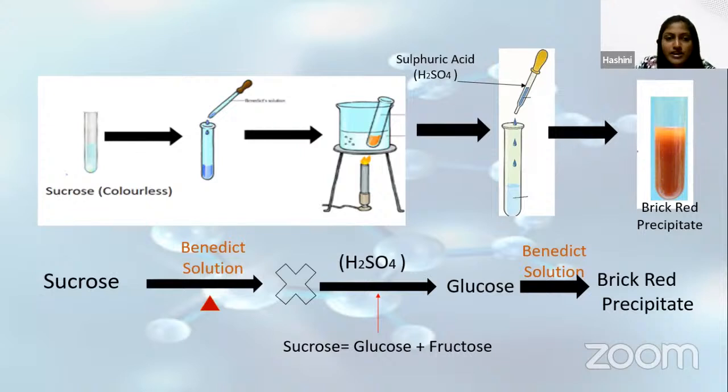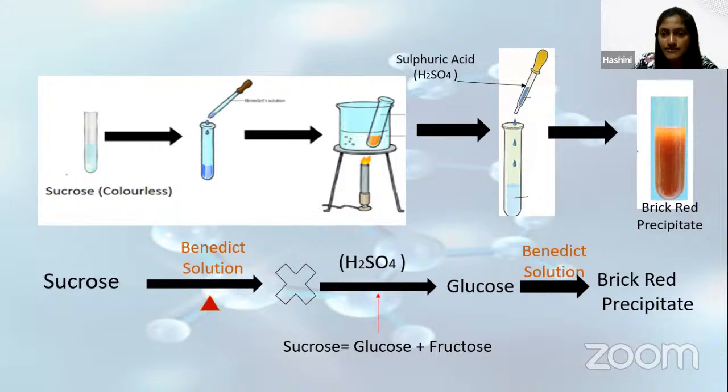Did you get that point? Sucrose is a disaccharide, and a disaccharide means there are two kinds of monosaccharides, glucose and fructose. Benedict solution only gives the color change for glucose. So in order to have only glucose in this mixture, we can add sulfuric acid, or sometimes HCl is also correct, but in your textbook it gives sulfuric acid.